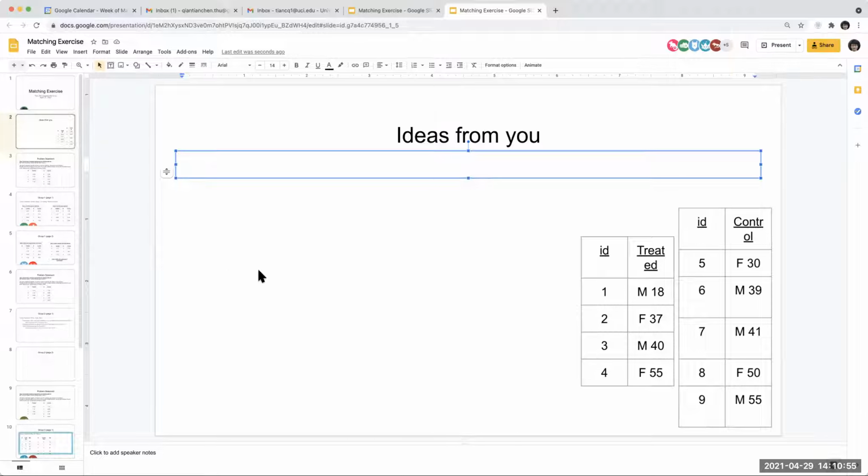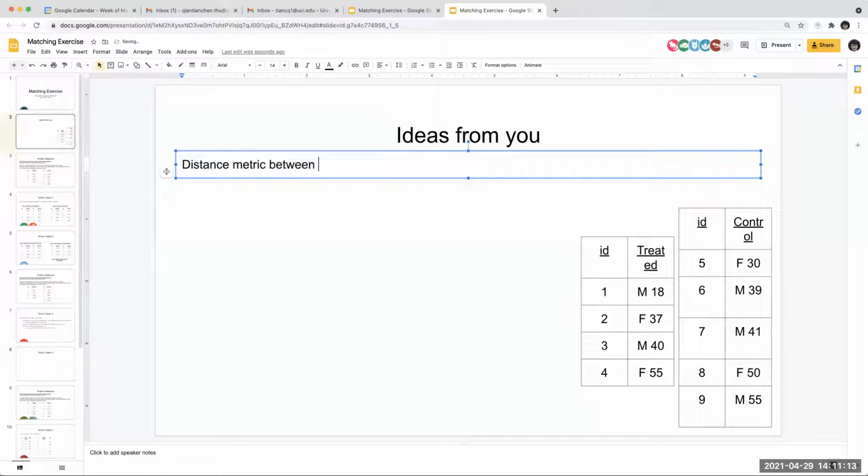Sure. I think the considerations, we didn't really formalize this in our matchings, but coming up with some sort of distance metric that you would want to minimize between the matches.